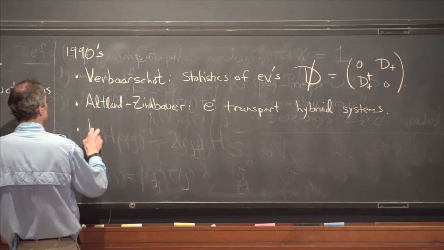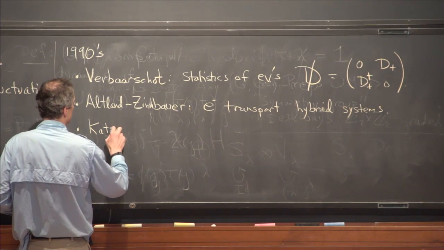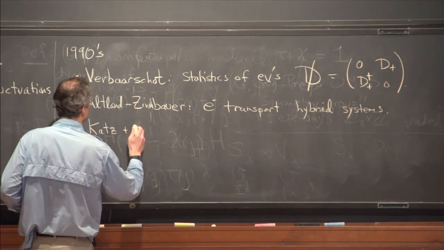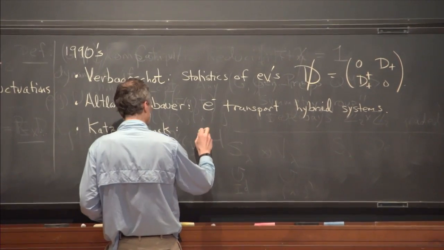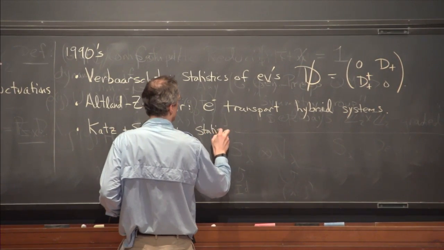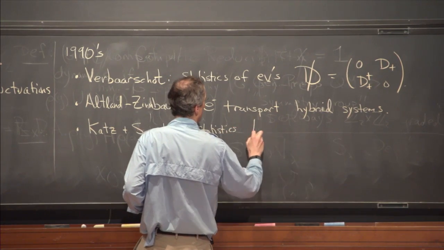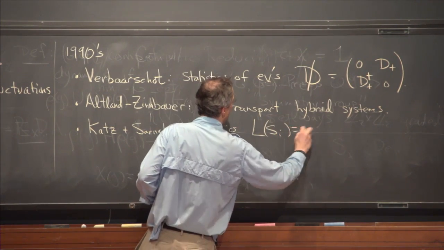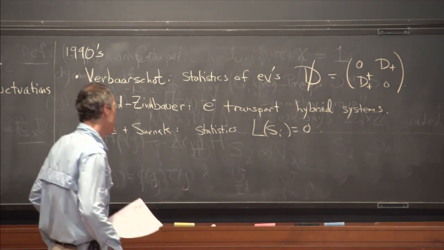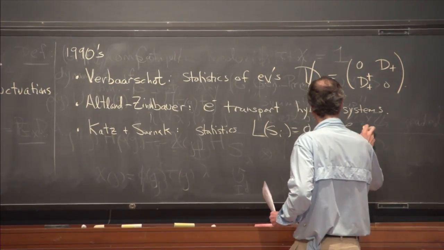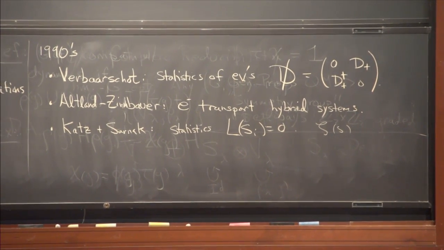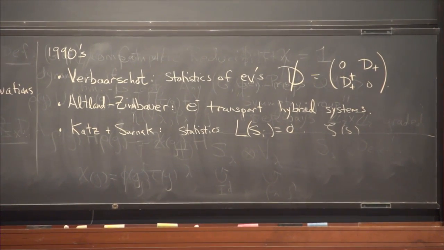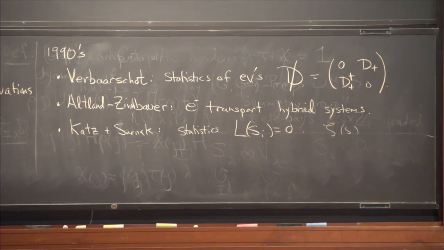And then here in Princeton, two mathematicians, Nick Katz and Peter Sarnak, were studying the statistics of zeros of L-functions. And L-functions are things in number theory which generalize Riemann zeta functions. And again, they found that there was some need for a broader class of ensembles.